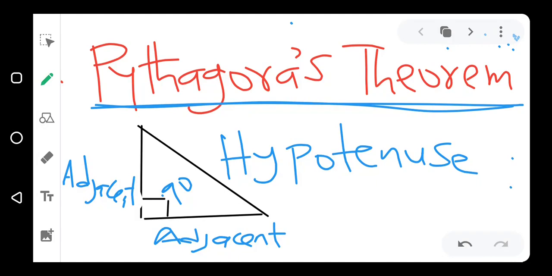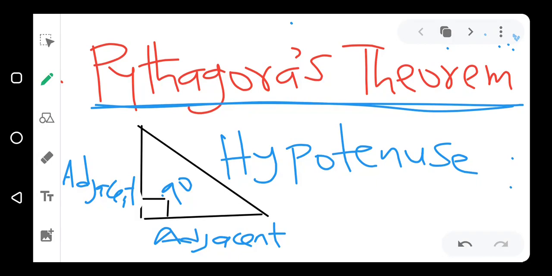A right-angled triangle is a type of triangle that has one of its angles as 90 degrees. One of the angles in a right-angled triangle is 90 degrees. Now there is a man called Pythagoras.